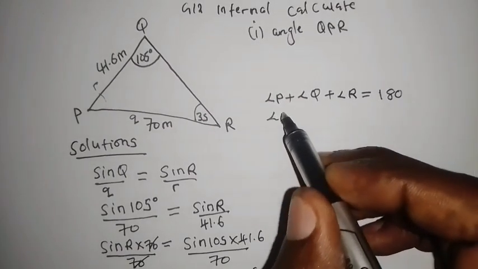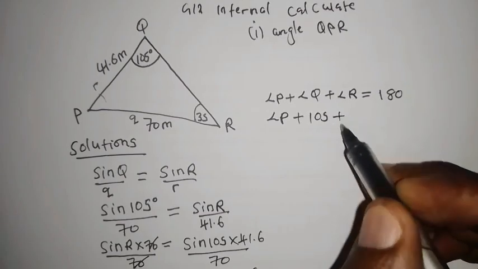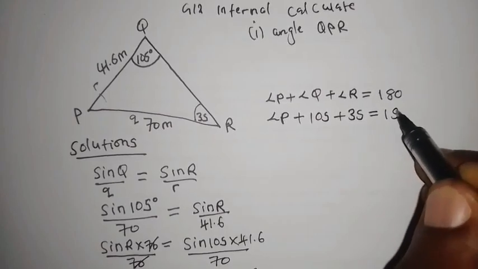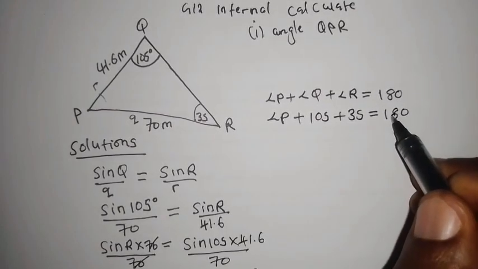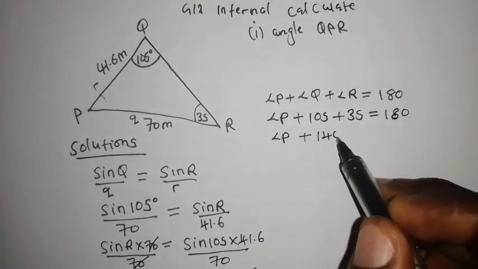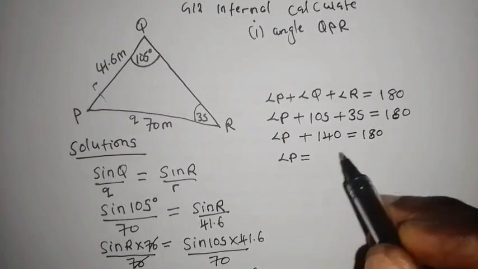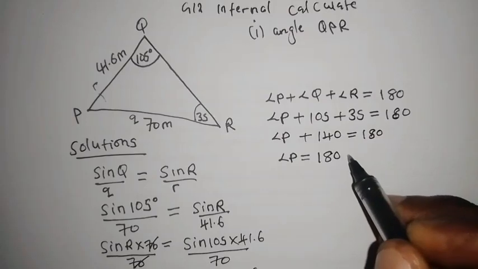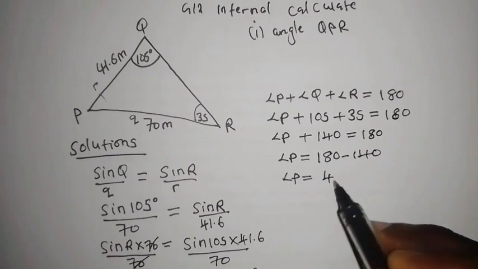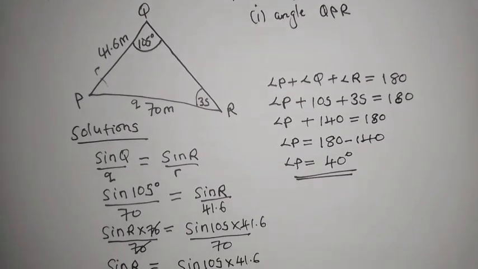So angle P is what we're looking for, plus angle Q, which is 105, plus angle R, which is 35, equals 180. This plus this gives you 140, so angle P plus 140 equals 180. Taking 140 to the other side, it becomes minus, and our angle P is now 40 degrees. That is how we're supposed to go about it.